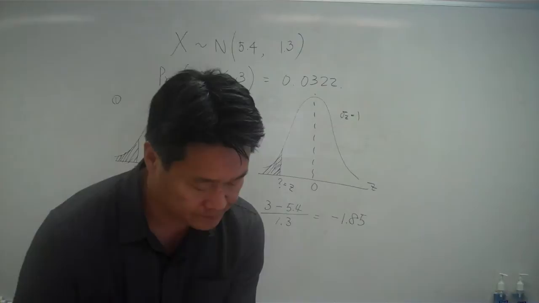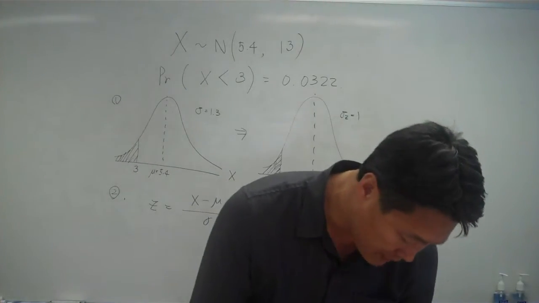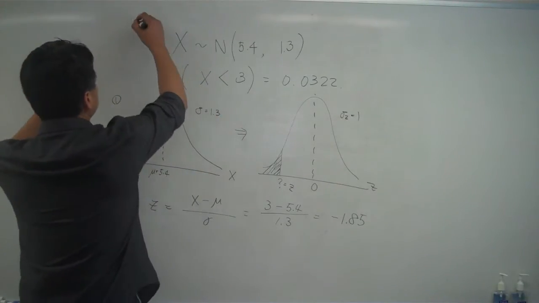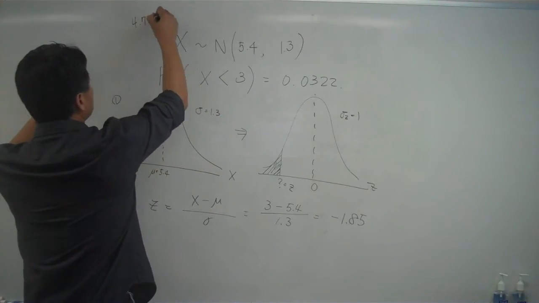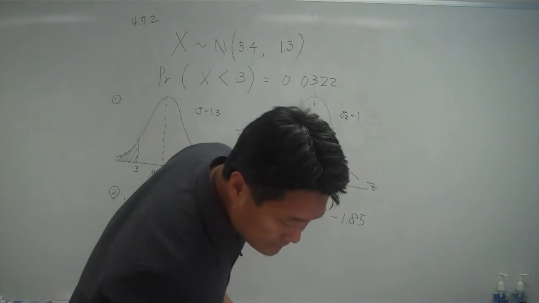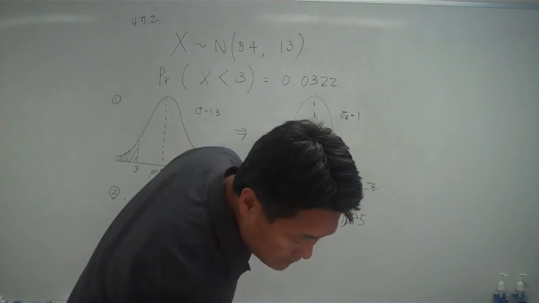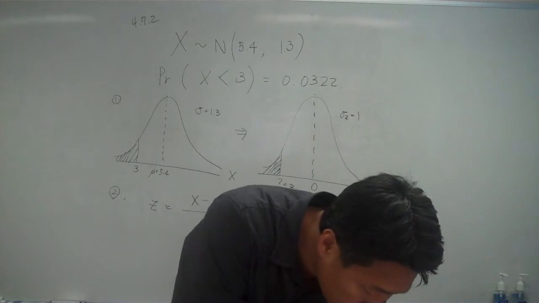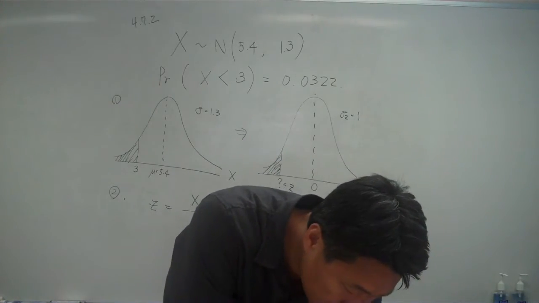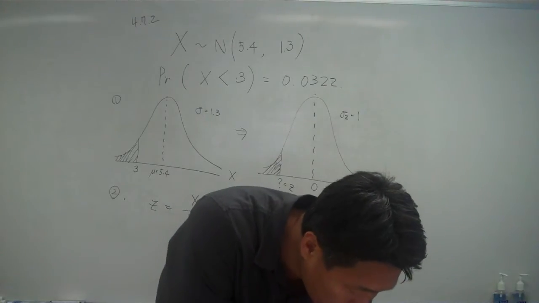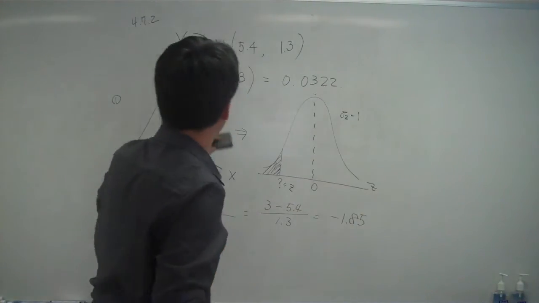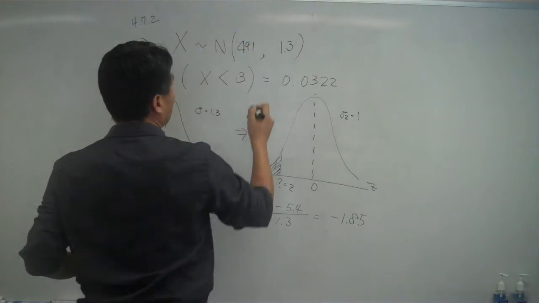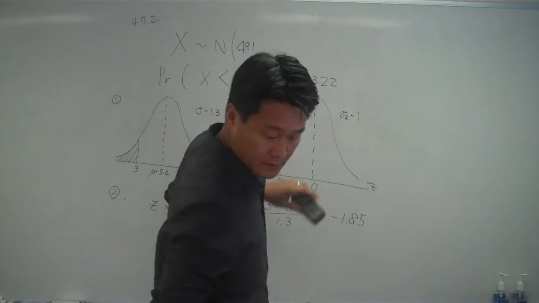Okay, so let's go to 4.7.2. This question, it will give you a normal distribution, and that one is mean 491, and standard deviation 190.